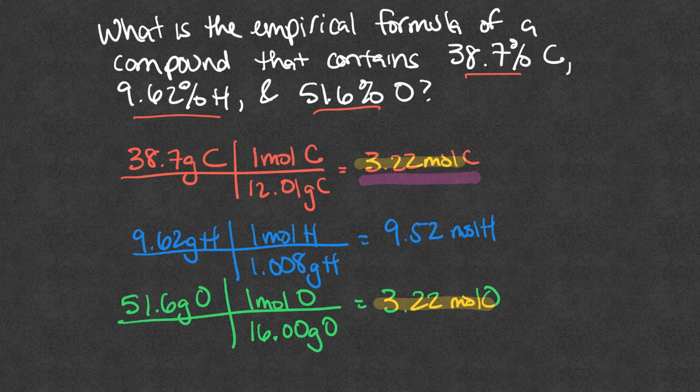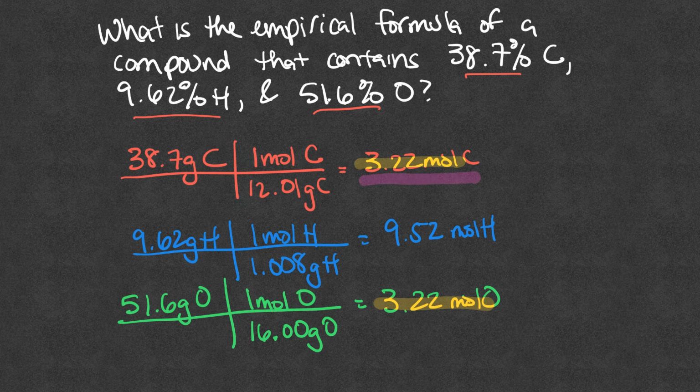So 3.22 divided by 3.22 is 1. Here we do the same thing, it's going to be 1. 9.52 divided by 3.22 is roughly really close to 2.